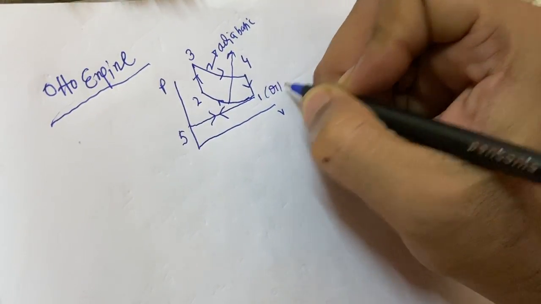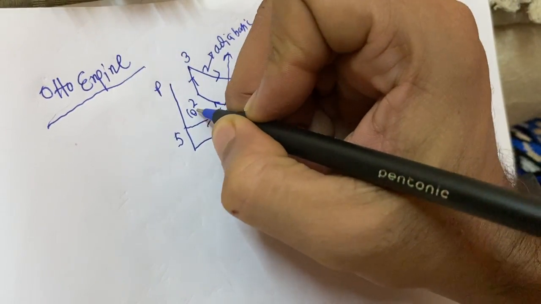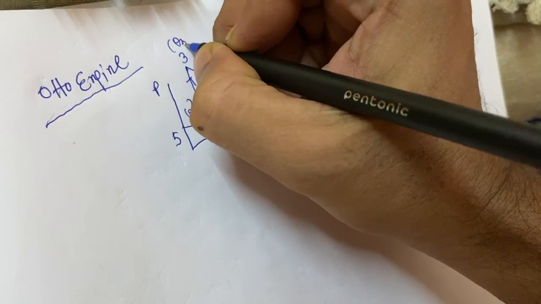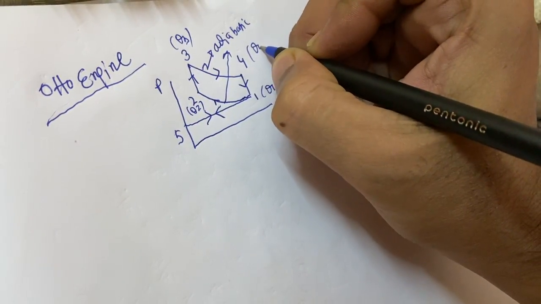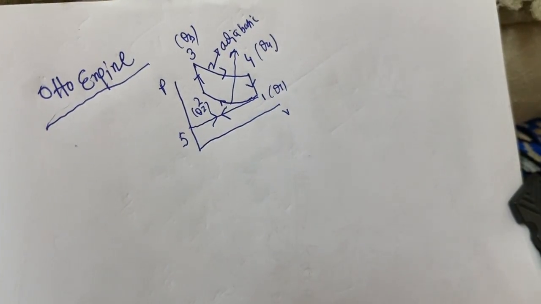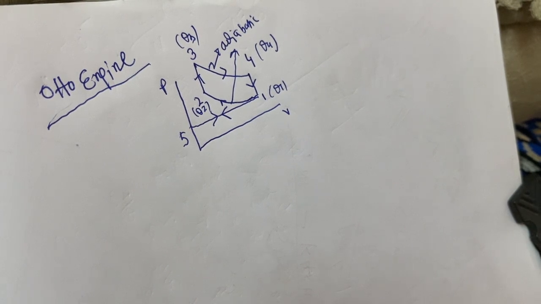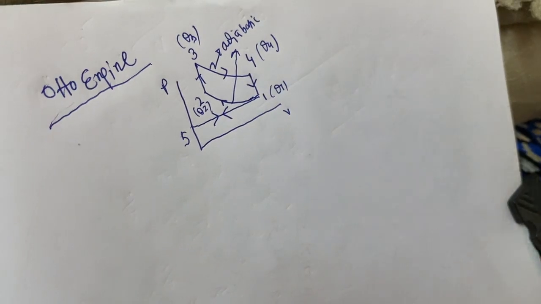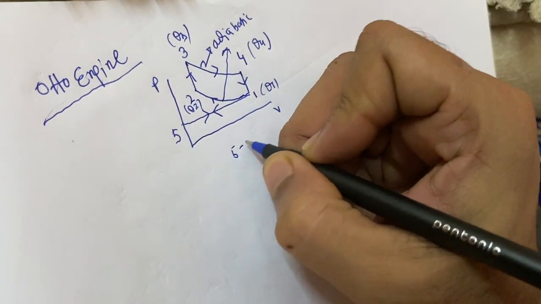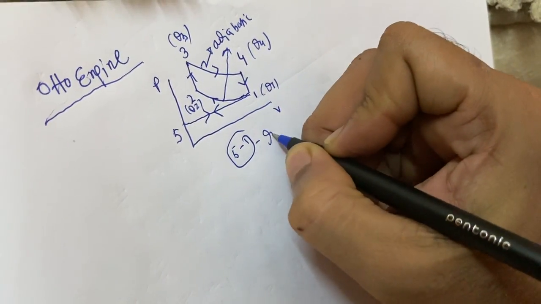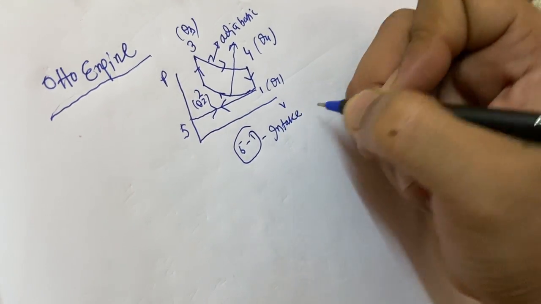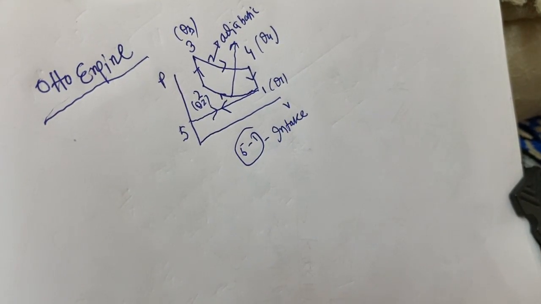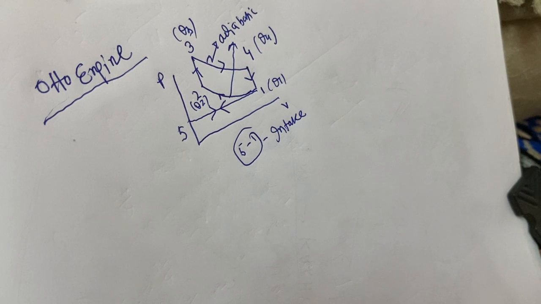Suppose it is at temperature theta 1, theta 2, theta 3, and this is at temperature theta 4. This 5 to 1 process is called intake stroke. Mixture of gasoline and air is drawn into the cylinder.